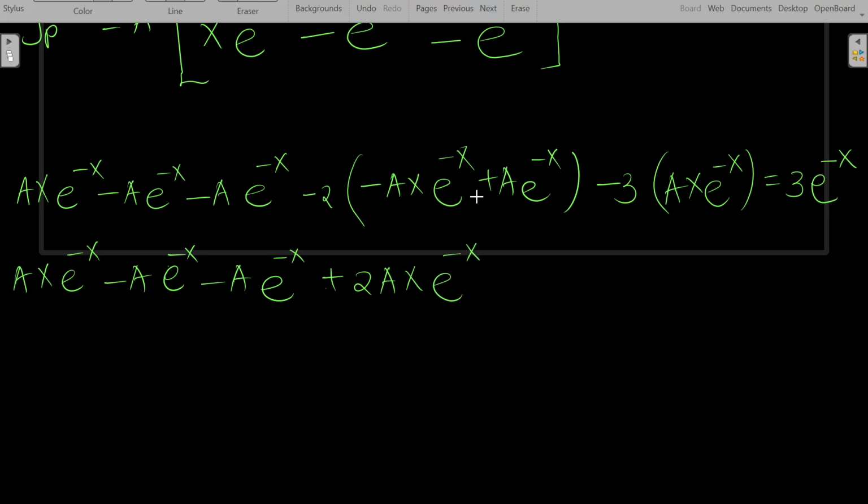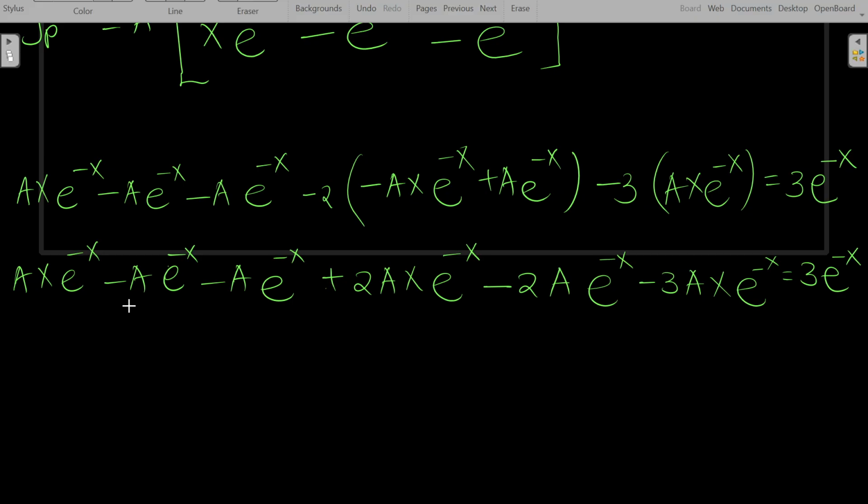This minus will go down to be a minus, so it will be minus 2a e raised to negative x minus 3a x e raised to negative x should give me 3e raised to negative x.